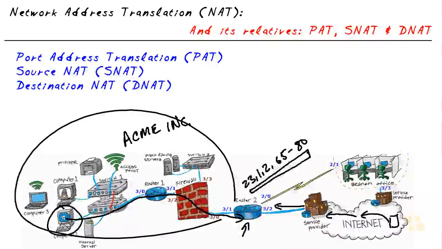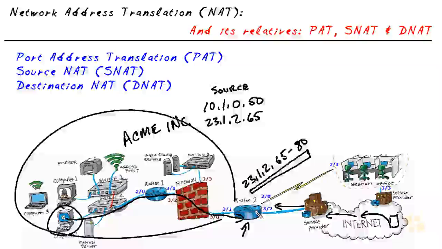So if Bob's source address is 10.1.0.50, just as an example, the router is going to swap it out and replace the source address with 23.1.2.65, the first IP address in this pool. And then it will continue to forward that packet out to the internet. So now the internet sees this source IP address as 23.1.2.65 and not as the private IP address space.